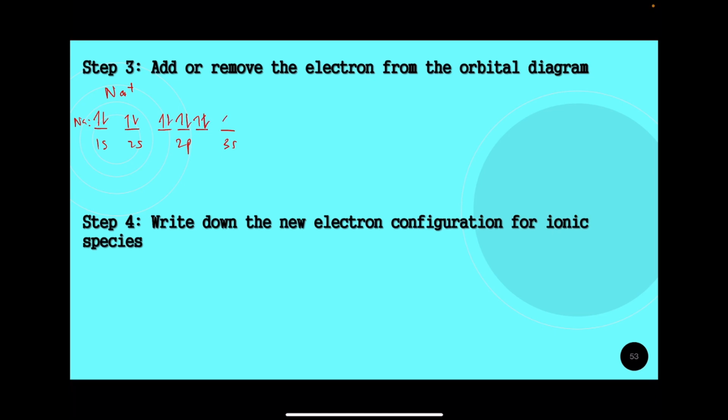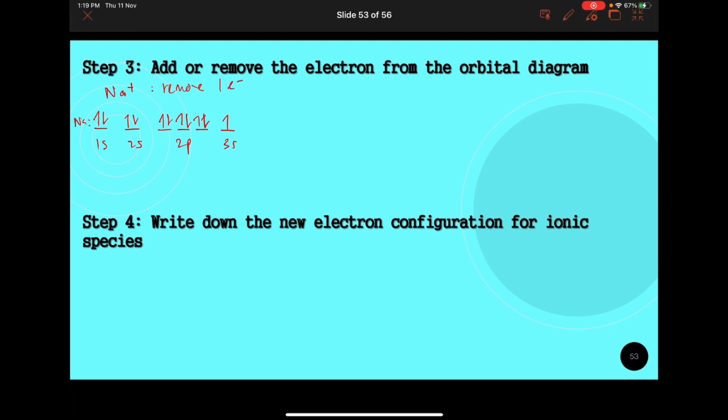And since in sodium ion, sodium plus, it removes 1 electron, we need to remove the 1 electron here. So this is how to draw the orbital diagram for sodium ion.